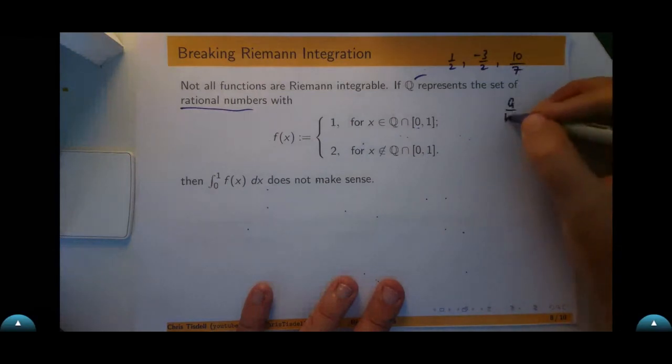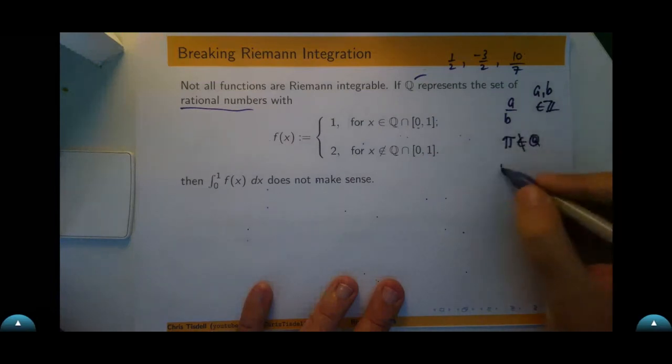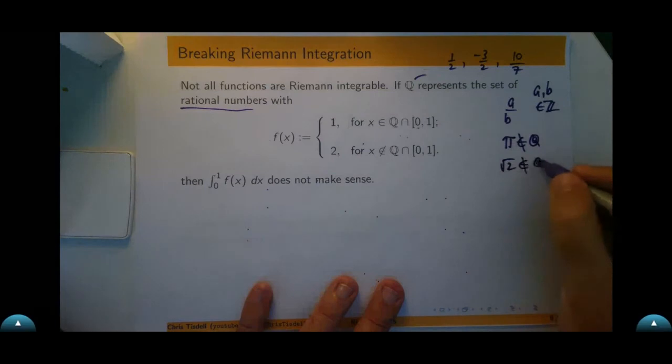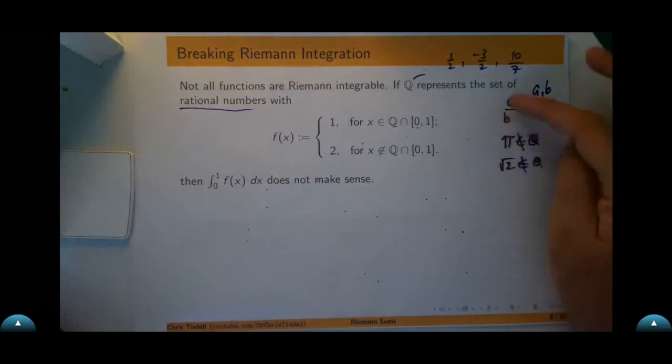You've got a form like a on b, where a and b are integers. Pi is not a rational number. √2 is not a rational number, because they can't be expressed like this.